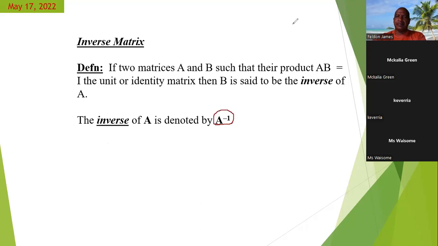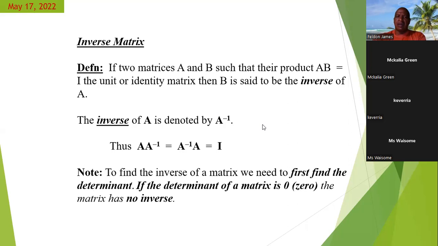Now, in order for us to be able to find the inverse, we will have to find what we call the determinant of the matrix. And as the name suggests, the determinant really determines whether or not your matrix has an inverse.